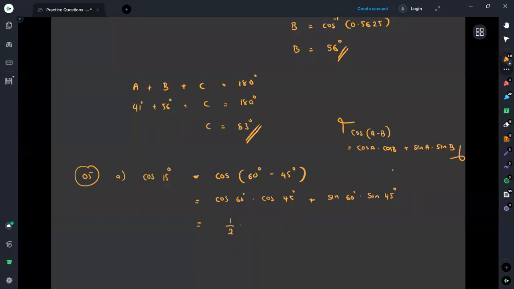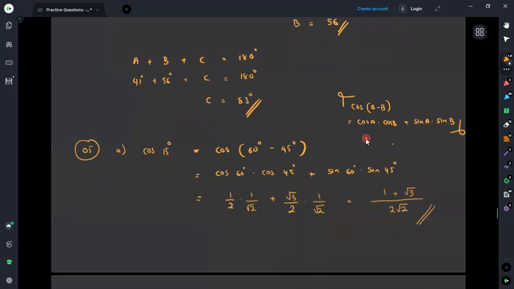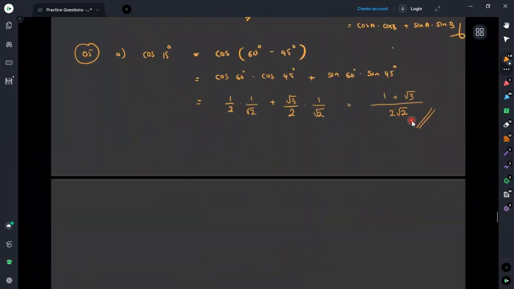Cosine 45 was obtained as 1 over root 2. Then sine 60 was root 3 divided by 2. Then sine 45 again was 1 over root 2. Then we'll take these values and take the common denominator, 2 times root 2. Then we can get this as 1 plus root 3. Therefore, we get the solution for cosine 15, which is 1 plus root 3 over 2 times root 2.